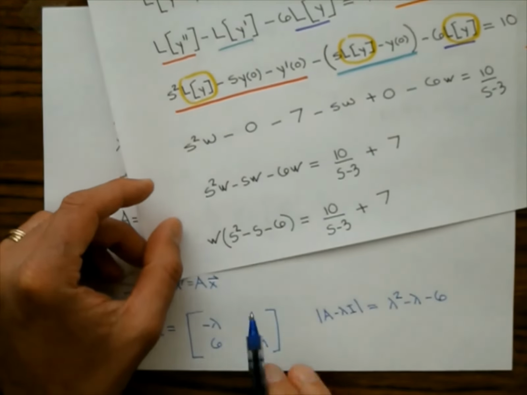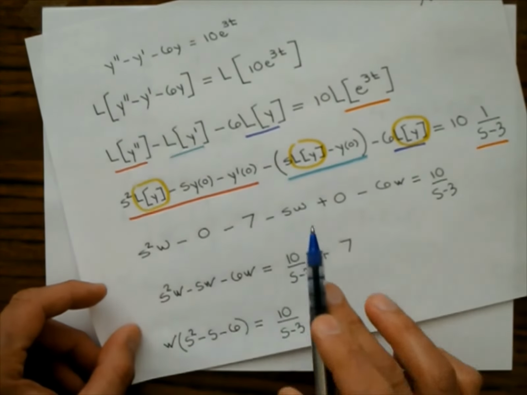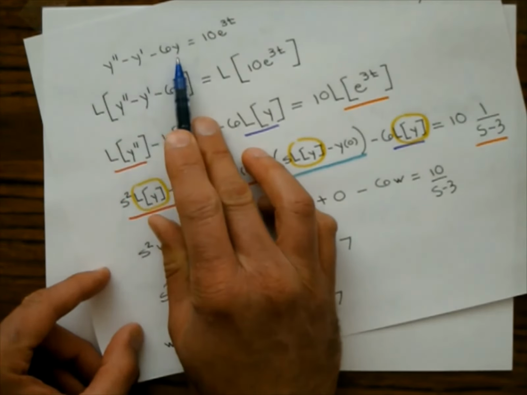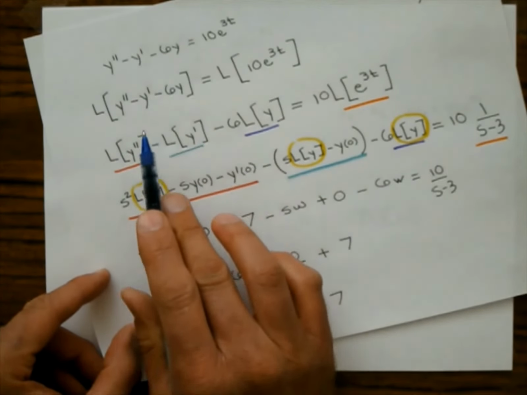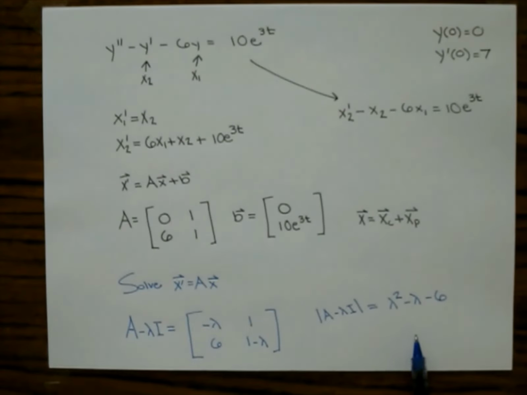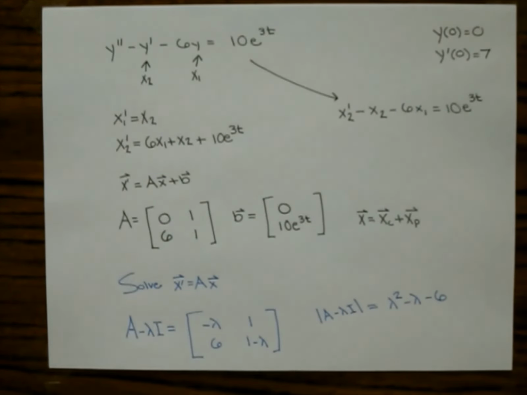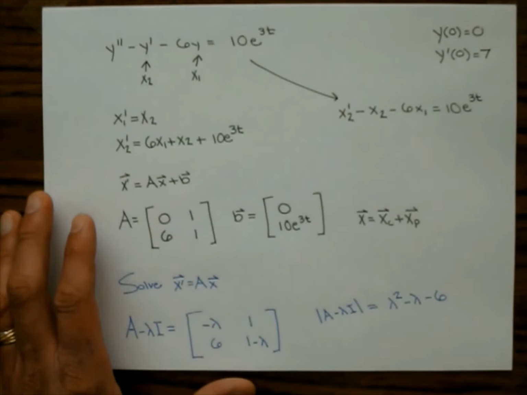Remember when we had s squared minus s minus 6 when we did the Laplace transforms, and when we did review 4 and we were doing annihilators or variation of parameters on a single differential equation, that was our auxiliary polynomial. Well, when you're doing eigenvalues, this is your characteristic polynomial, which is the same thing. Look, r squared minus r minus 6.